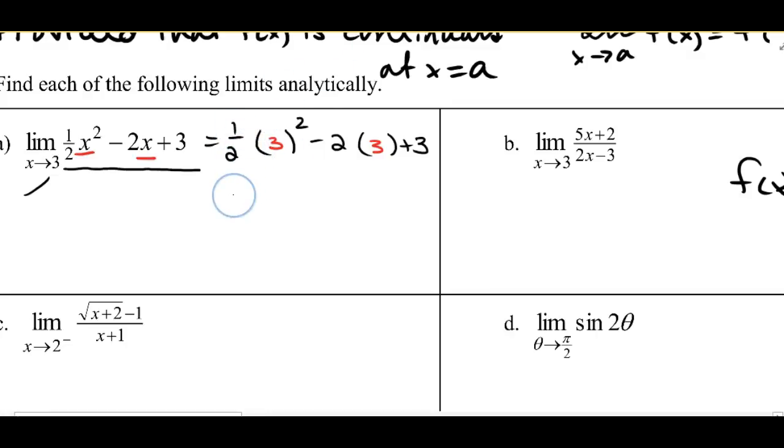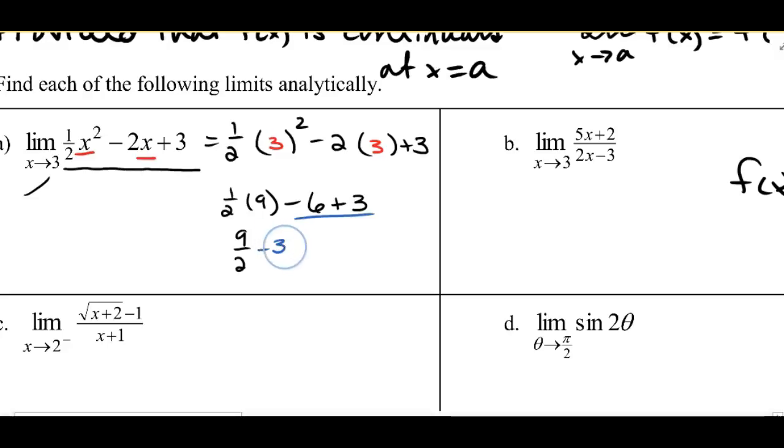1/2 of 3 squared is 1/2 of 9. 2 times 3 is 6 plus 3. 1/2 of 9 is 9/2. Negative 6 plus 3 is negative 3.